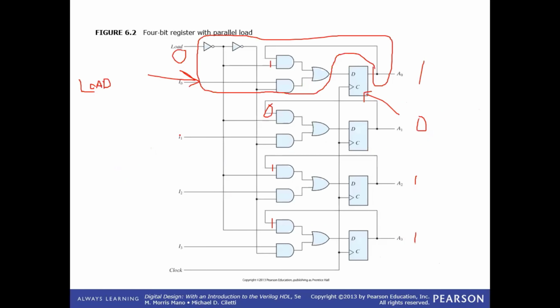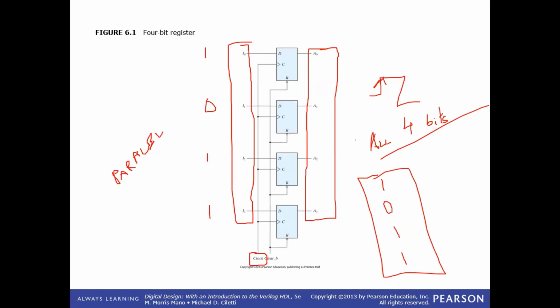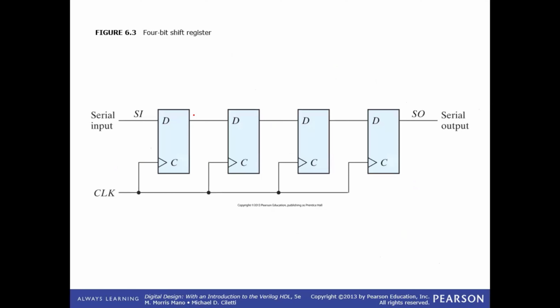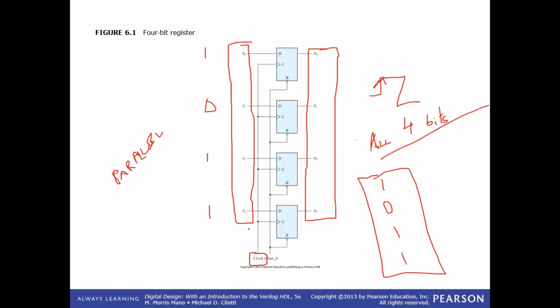In a shift register, you cannot send all the 4 bits in one edge of a clock. In parallel circuits, you can send all the bits in just one edge of the clock. Is this okay?